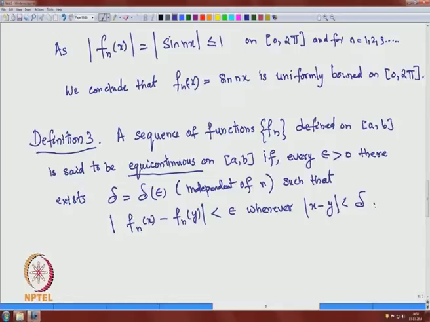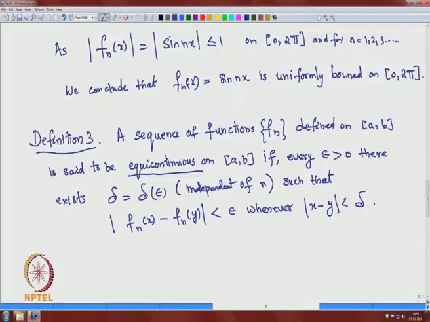A sequence of functions Fn defined on an interval AB is said to be equicontinuous if for every epsilon greater than 0 there exists a delta. So, we should be able to find a delta which is independent of n, does not matter from which function Fn it is coming, such that Fn of x minus Fn of y is less than epsilon whenever x minus y is less than this delta. So, the equicontinuity is a continuity in the uniform sense for all n.